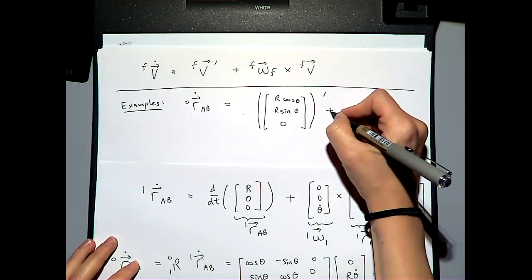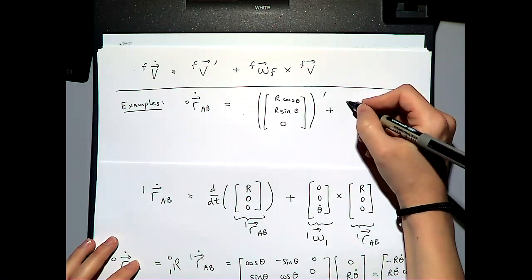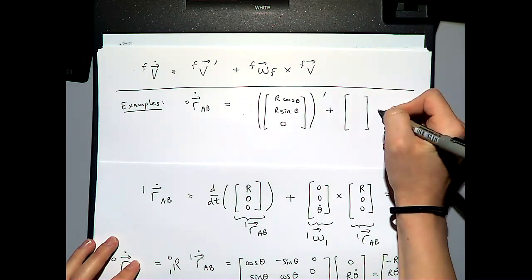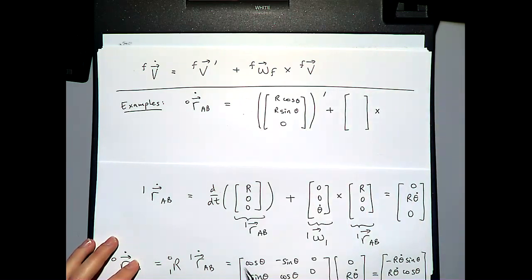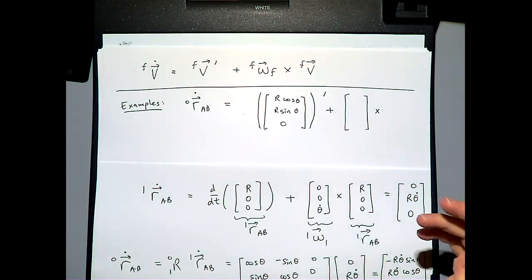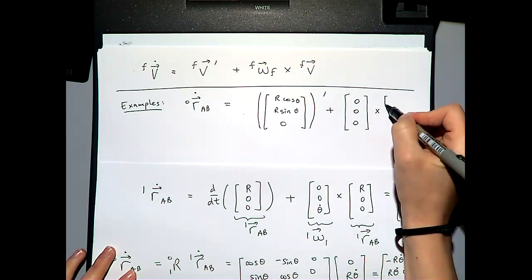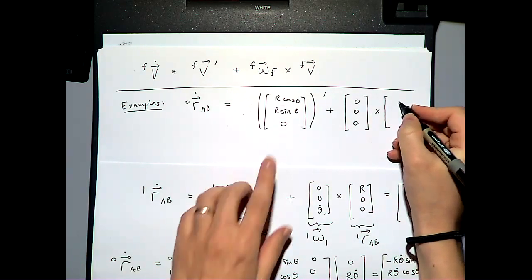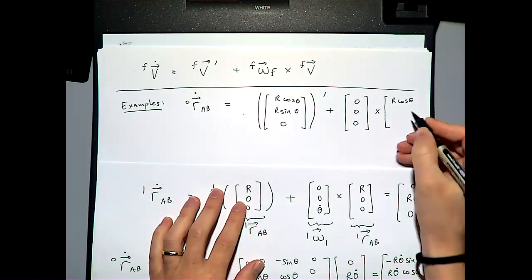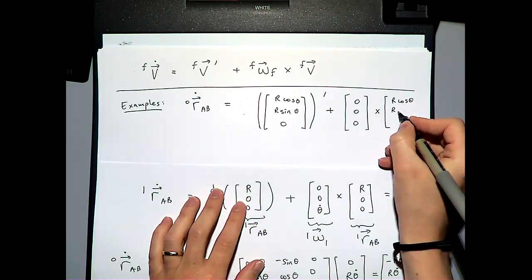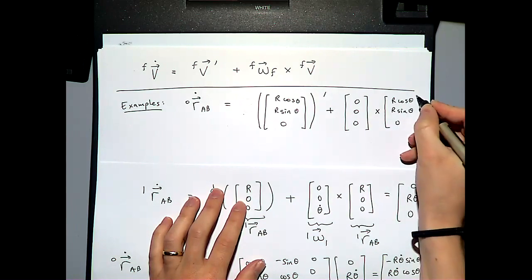And then plus, we need to have omega 0. So the absolute angular velocity of frame 0 is 0 because it's not rotating anywhere. Yeah, and cross with this one: r cosine theta, r sine theta, 0.